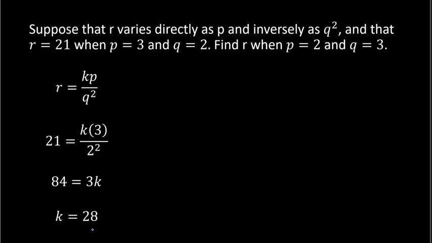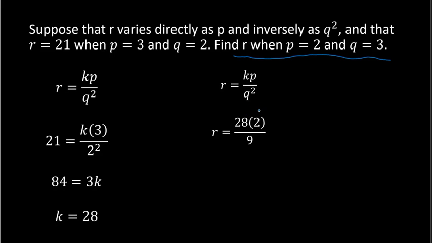So k is 28, and we can now use this along with information from scenario 2 right here to find r. So I need to use the equation one more time. R equals kp divided by q squared. So for k, I plug a 28 in. For p, I put a 2, and for q, I put a 3.